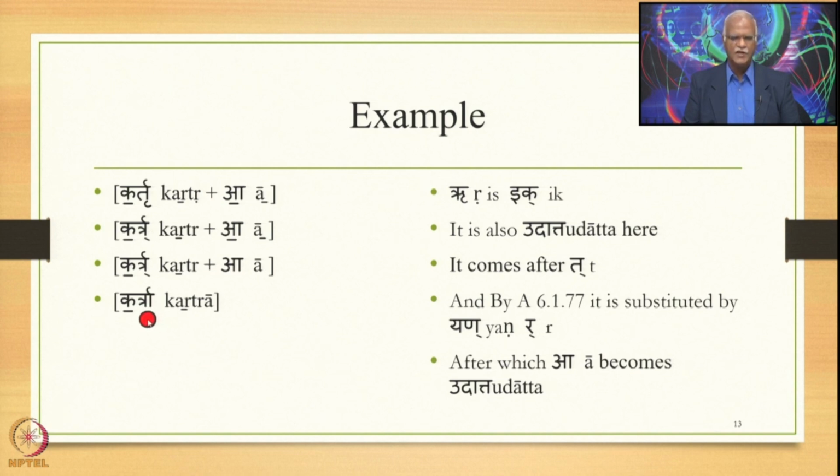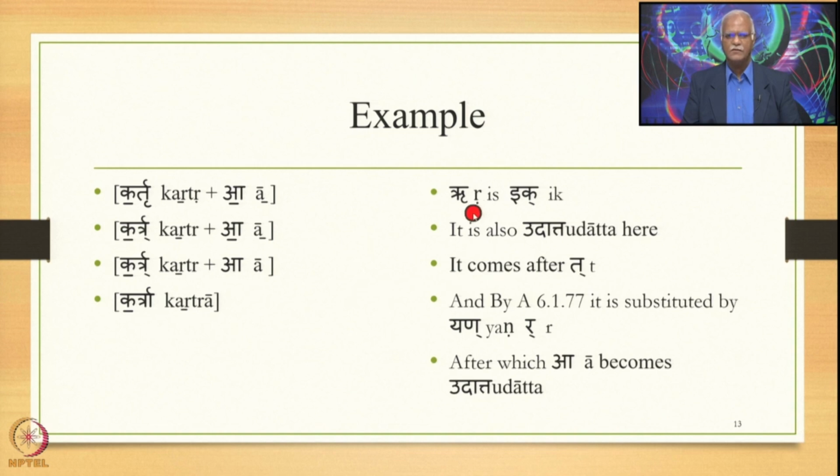A, even when stated as anudatta by default, by anudatta usupitau, because of 6.174 where yan sandhi comes into play as a condition, this a becomes udatta. So we get kartra with final udatta, kartre also final udatta, kartroho, final vowel being udatta.